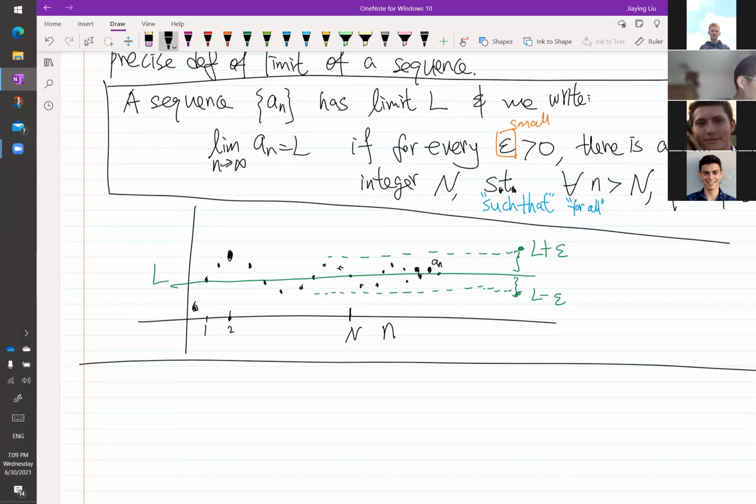Now, I'm going to write down a few properties. I think that's easier to understand. So, properties of limits of sequences.